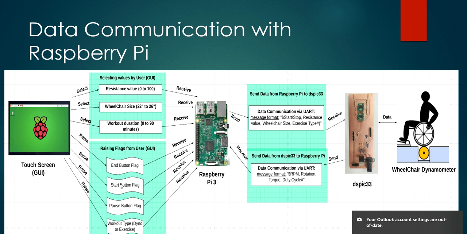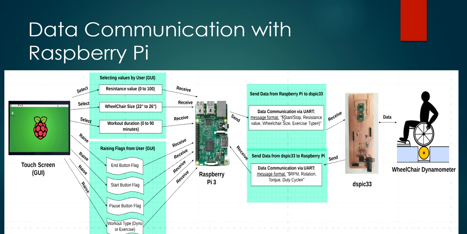Based on those flags, when the user selects different buttons, several flags will be raised to the Raspberry Pi, and then the Raspberry Pi will send data packets to the dspic33.